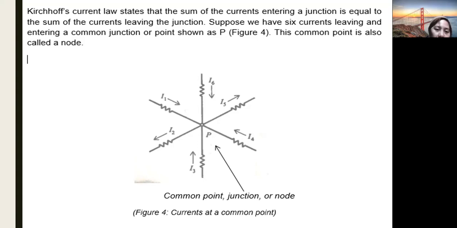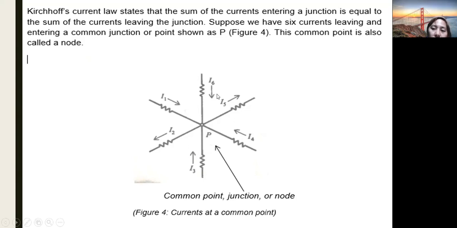In KCL, it is the sum of the currents entering a junction. So this is the junction. The sum of the currents entering this junction is equal to the sum of the currents leaving the junction.